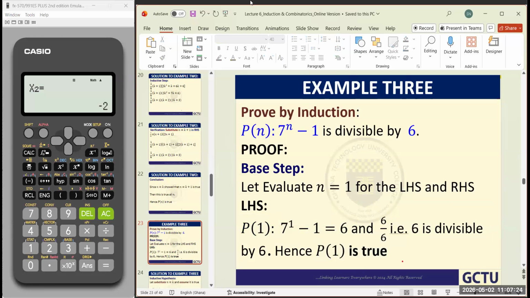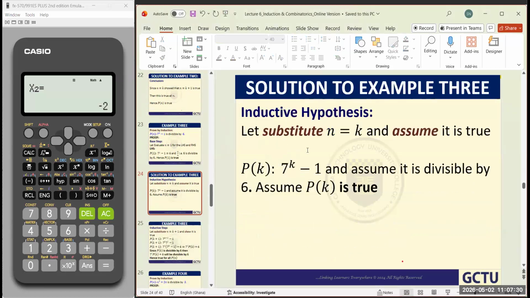Now, step 2 says that we substitute n is equal to k. So that is what I have here. Okay, so let's substitute n is equal to k. Wherever we see n, we put k there. So 7 to the power k minus 1.